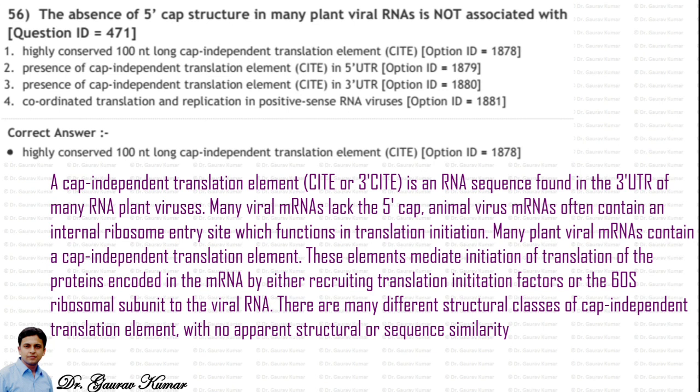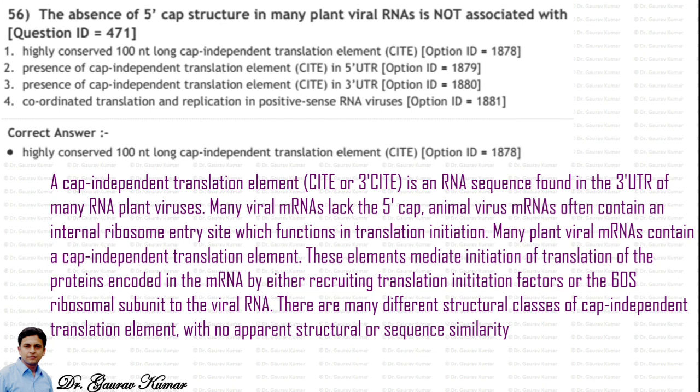Many viral mRNAs lack the 5' cap. Animal virus mRNAs often contain an internal ribosome entry site which functions in translation initiation. Many plant viral mRNAs contain a cap-independent translation element. These elements mediate initiation of translation of the proteins encoded in the mRNA by either recruiting the translation initiation factor or the 60S ribosomal subunit to the viral RNA.